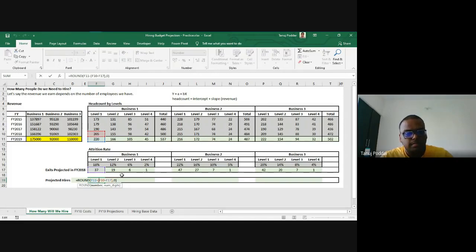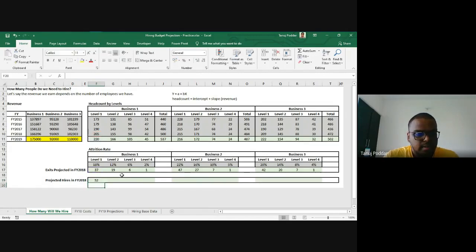However, from where do I need to reach that 220? So I have 205 people, right? 205 out here. 205 minus this 37. That is how many people will leave. So given the remainder that I have, what's the total number of hires that I'll have?